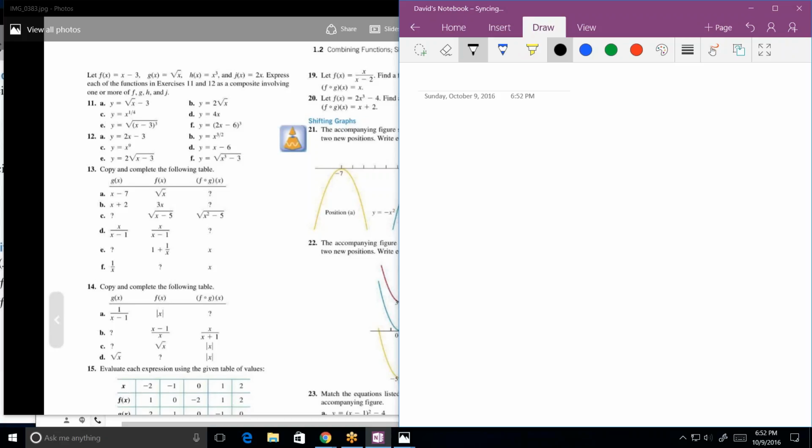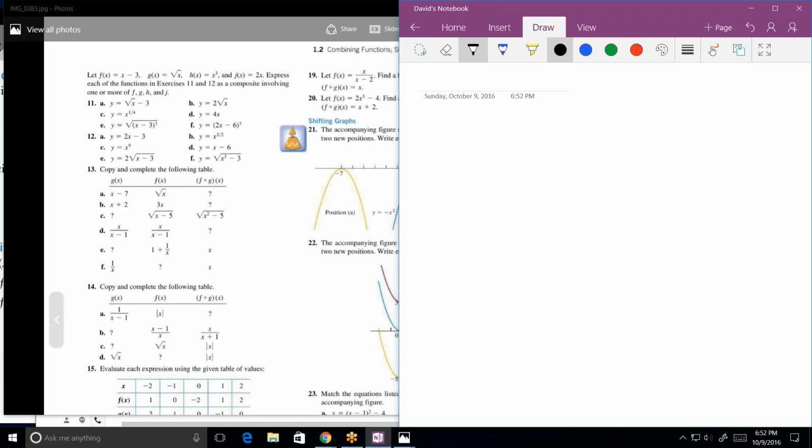Notice that 12c I could get by taking h of x, right? Yep. I took h of x, then I got x cubed, which is x to the 9. So 12 are similar. Let's make sure you can do 13, some of these.